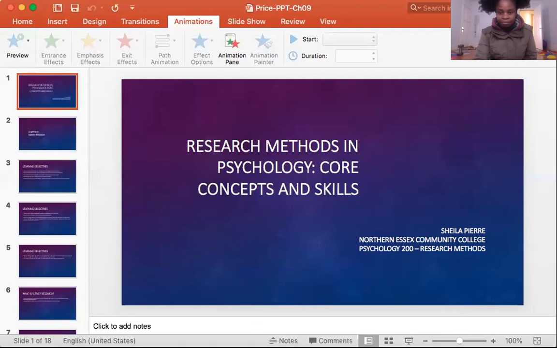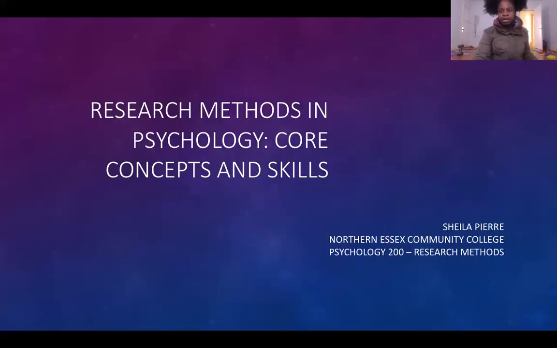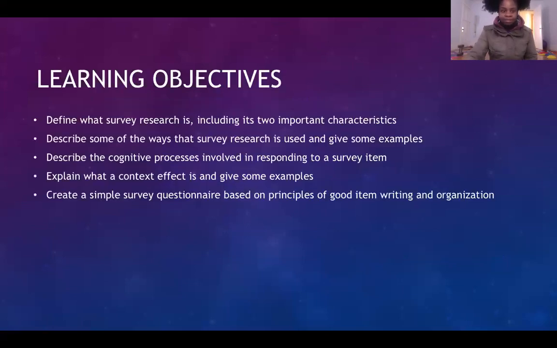Again, this is chapter 9. Let me share my screen with you, and you should be able to see exactly what I'm seeing. So again, we are going into chapter 9, survey research methods. As usual, on our Blackboard site, you can find the learning objectives in broad format. You can click into week 9 and see them right at the top.